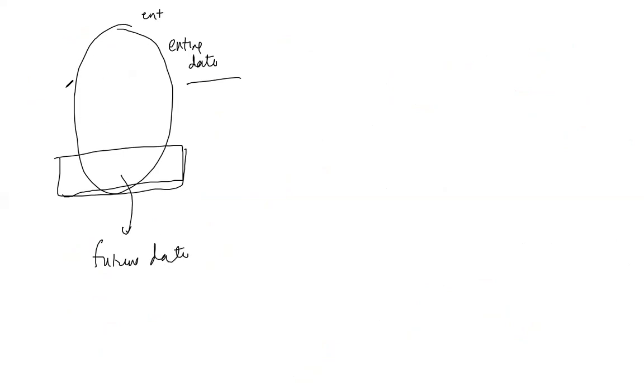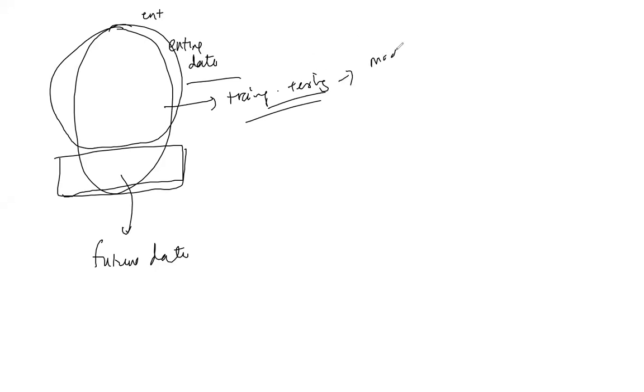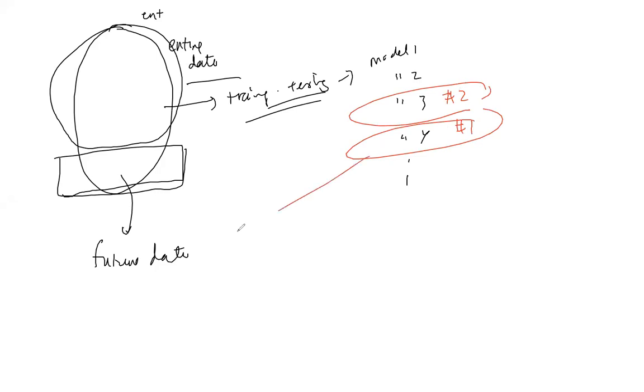Then you only use the other part for training and testing, for evaluation of different models: model 1, model 2, model 3, model 4, and so on. Maybe you pick the top 1 and number 2, and then you can use this future data to evaluate who wins. This is one way to do it, so you have to reserve it.